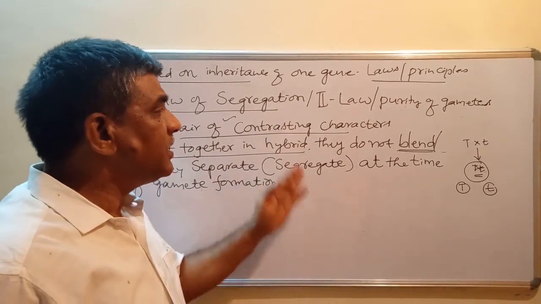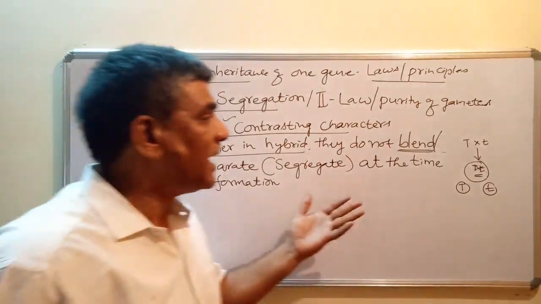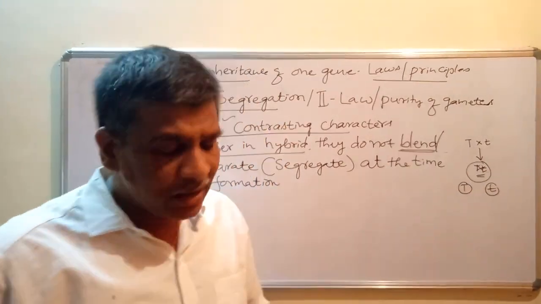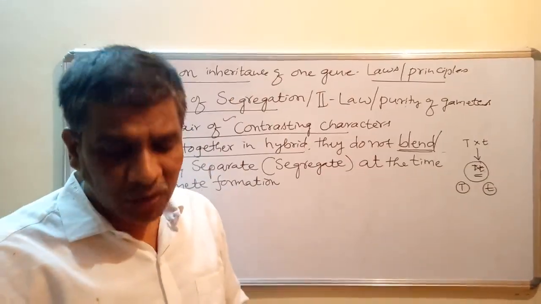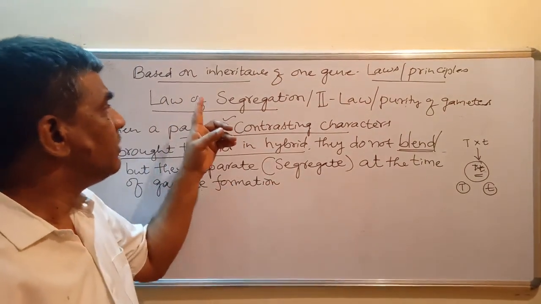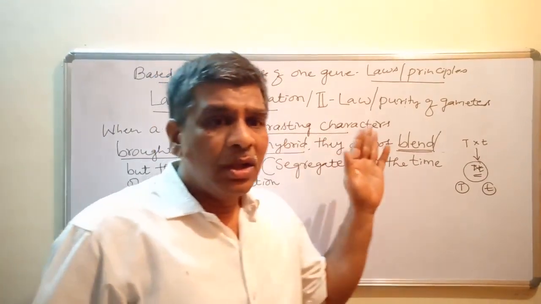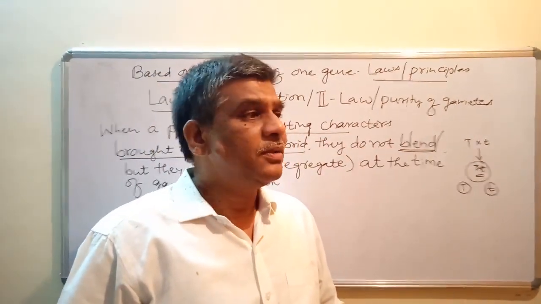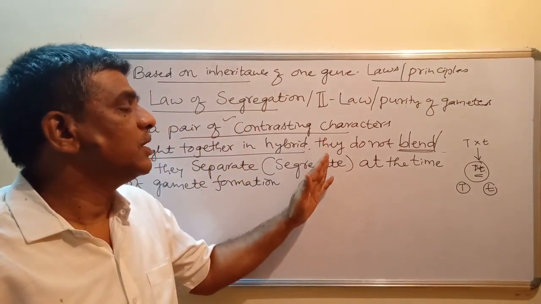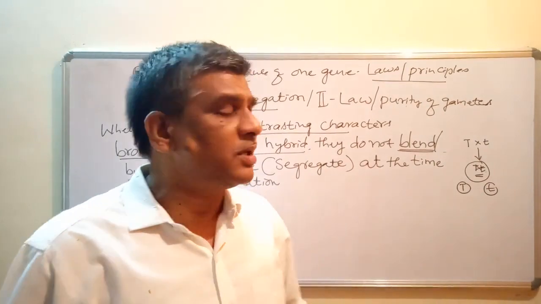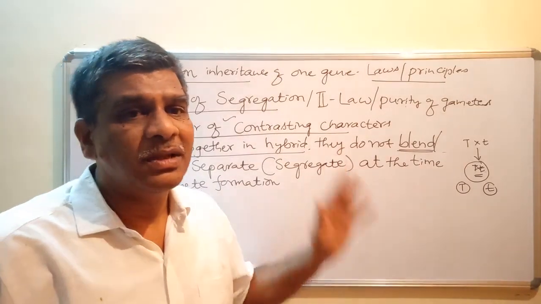This law can be verified to see how characters brought together in a hybrid get separated at the time of gamete formation. We can understand it through a monohybrid cross. So to verify this law, we conduct a monohybrid cross. If the question comes in the examination, you should write the same answer except the definition.